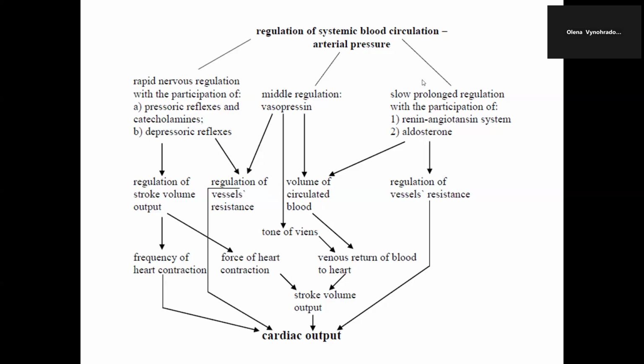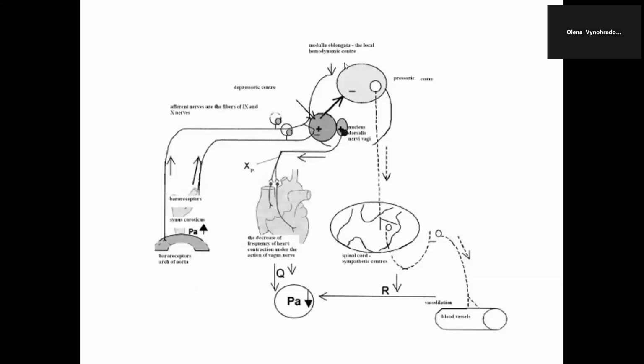Slow prolonged regulation involves the renin-angiotensin system and aldosterone. They also influence regulation of vessel resistance. All of these factors can change cardiac output.